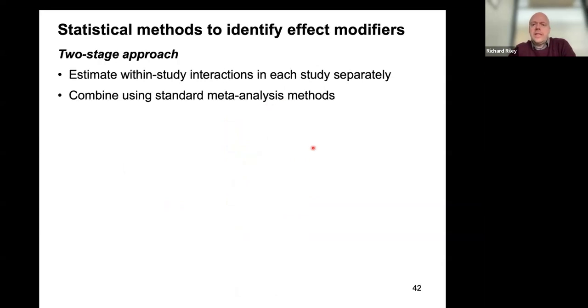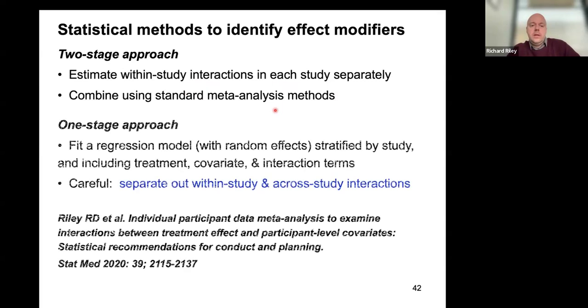If we wanted to identify interactions and effect modifiers, then how would we do it? In a two-stage approach, we would estimate those interactions in each study separately. Then we would pool those interactions in the second stage. In a one-stage approach, we can fit a regression model, again, properly specified with clustering and random effects, and include an interaction in that regression model.